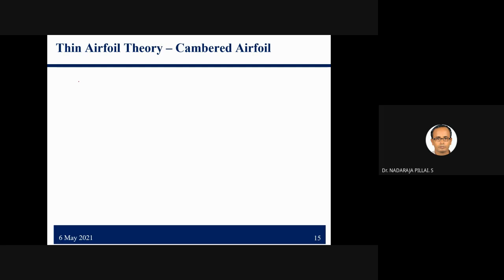So let us start with the thin airfoil theory for the cambered airfoil, but with the generalized equation: 1 over 2 pi, integral 0 to c, gamma of zeta d zeta by x minus zeta, is equal to V infinity into alpha minus dz by dx, right?